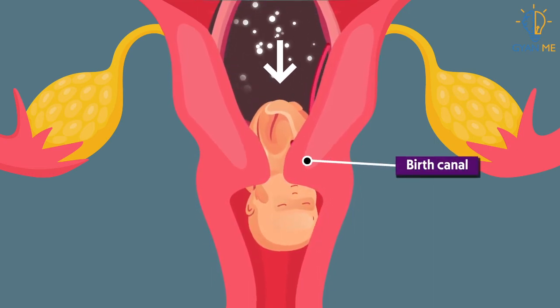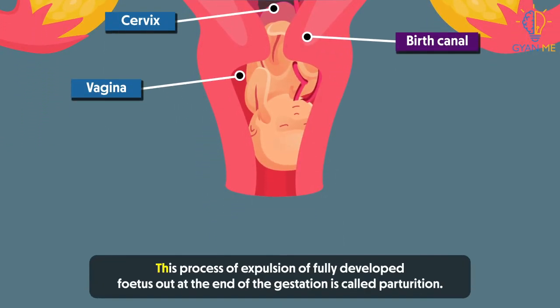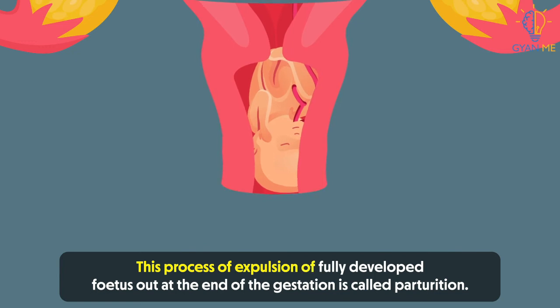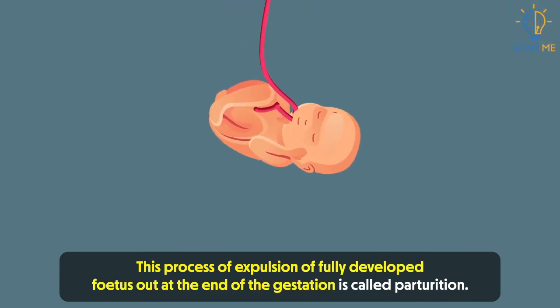It is the passageway from the uterus through the cervix and vagina. This process of expulsion of the fully developed fetus at the end of the gestation period is called parturition.